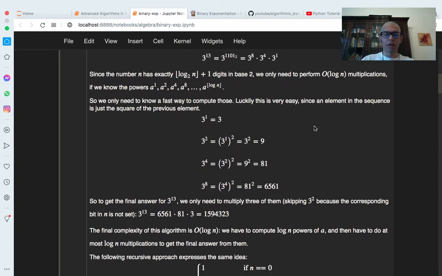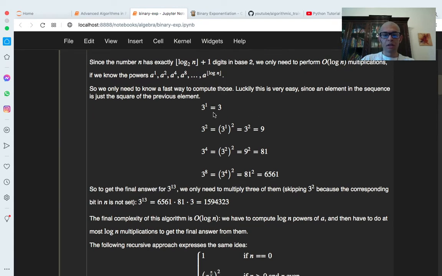This can also be shown here. We have 3 to the power 1, then 3 to the power 2 is 3 to the power 1, all squared. We can calculate the next power from the previous one.